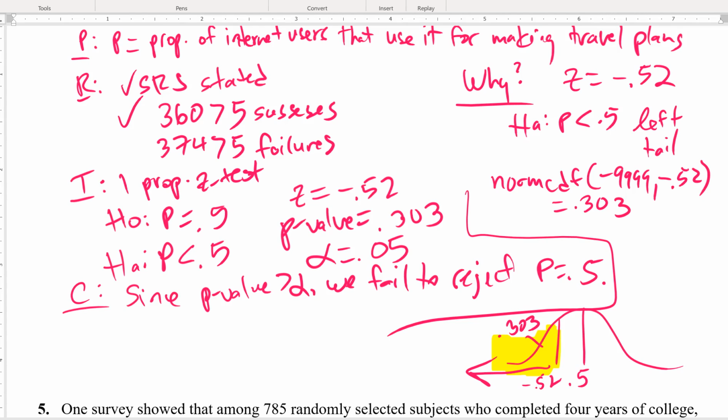So there was a 30% chance that if that claim was true, we would get a result less than that. That could happen by chance. 30% could happen by chance. So our results are not significant. I need the p-value to be less than alpha to reject. Okay?